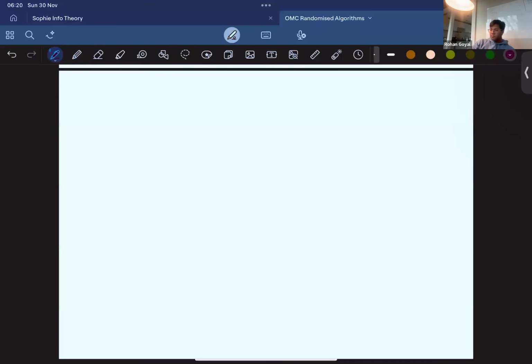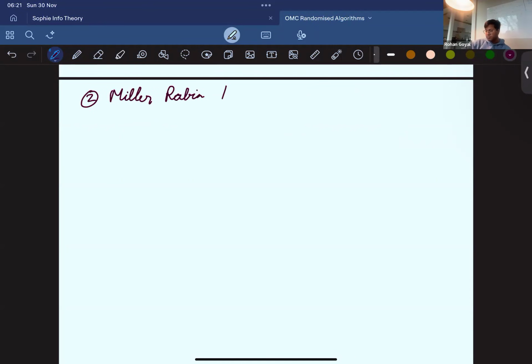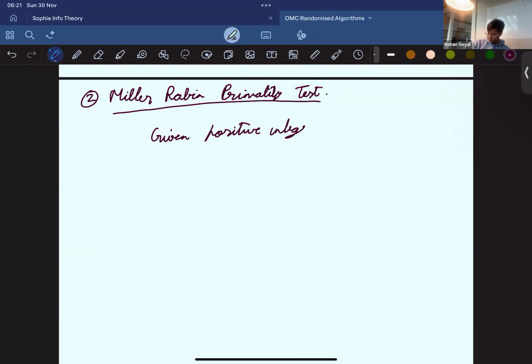Good. All right. So let's look at the second thing that I want to talk about, which is Miller-Rabin primality testing. So the question is, I give you a positive integer n, check if it is prime.